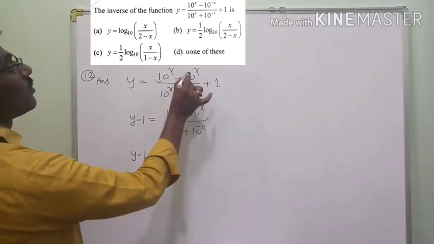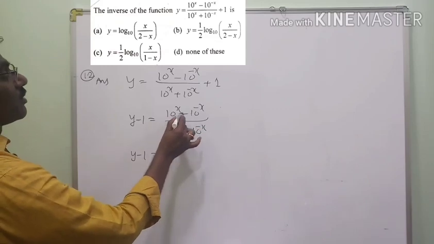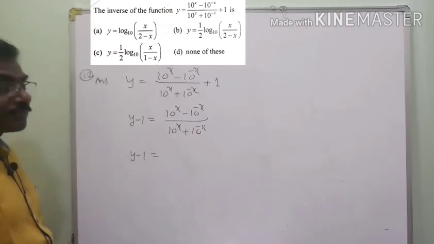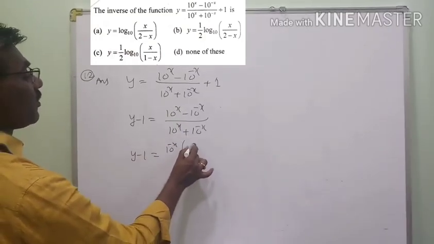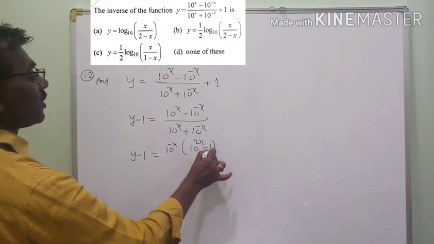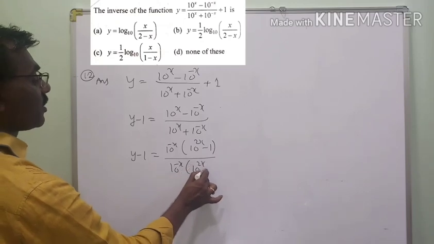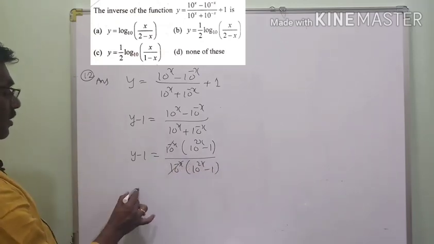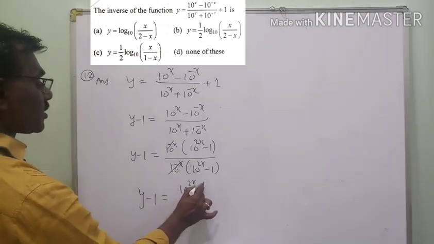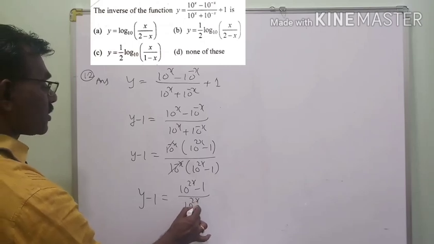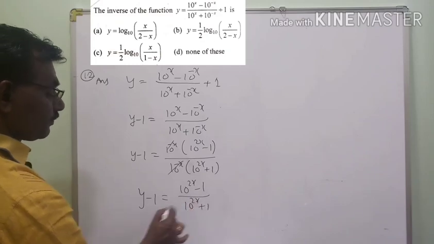When you take 10 to the power minus x common, you get 10 to the power 2x minus 1 over 10 to the power 2x plus 1. These common factors cancel. So y minus 1 equal to 10 to the power 2x minus 1 by 10 to the power 2x plus 1.